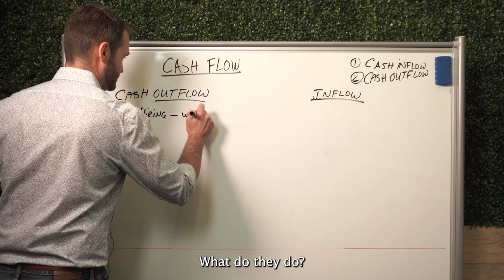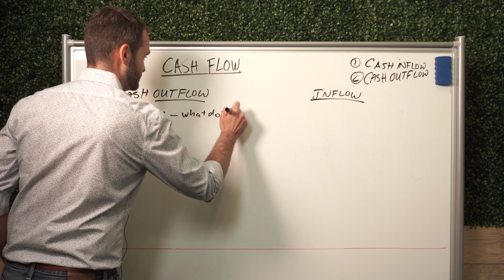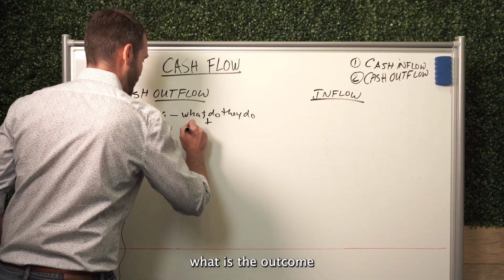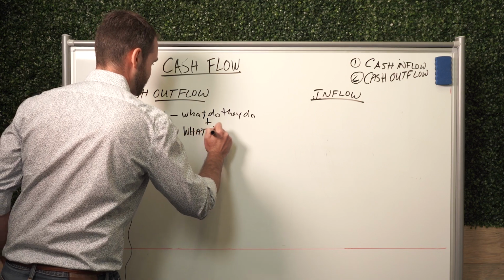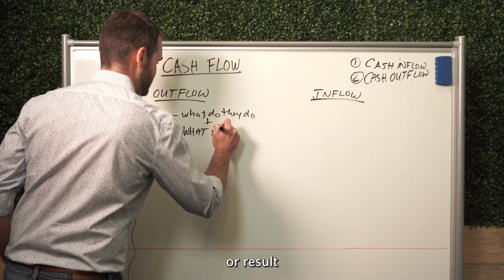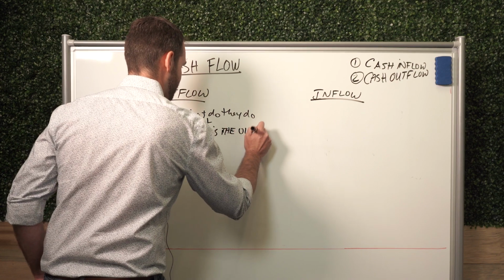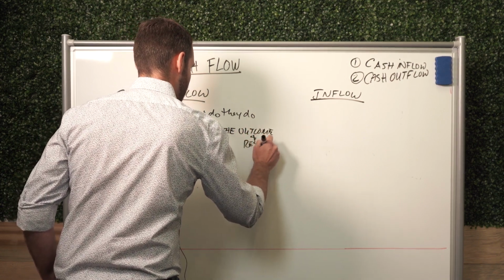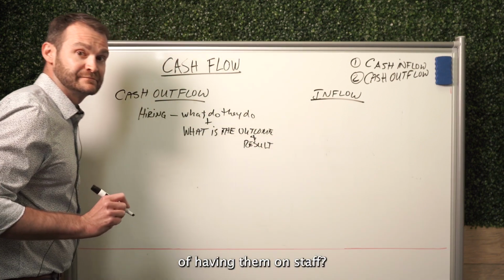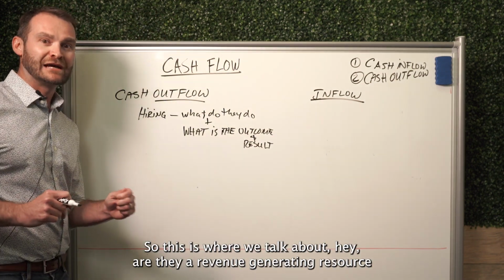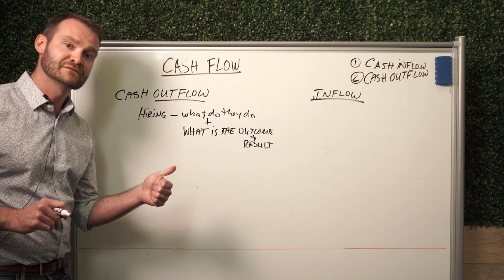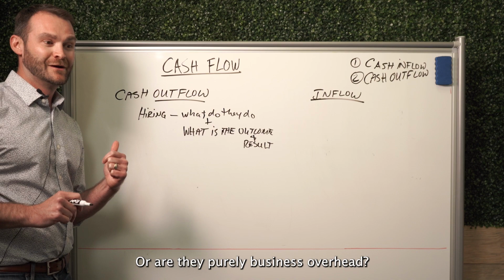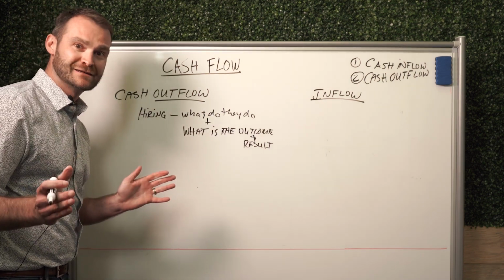What do they do? And more importantly, what is the outcome or result of having them on staff? So this is where we talk about, hey, are they a revenue generating resource, sales, marketing, or are they purely business overhead?